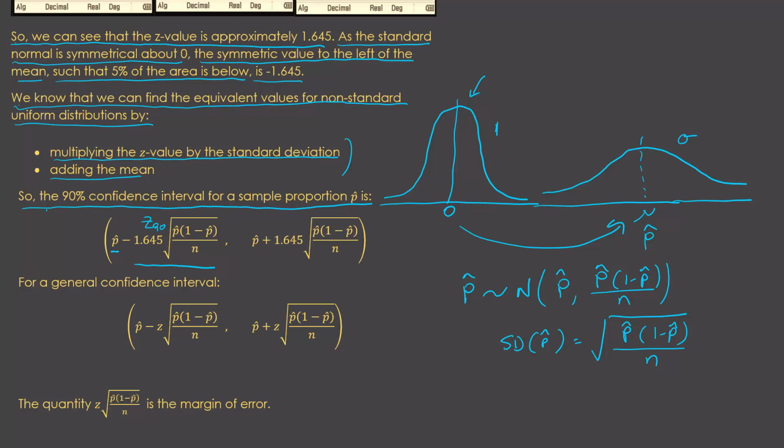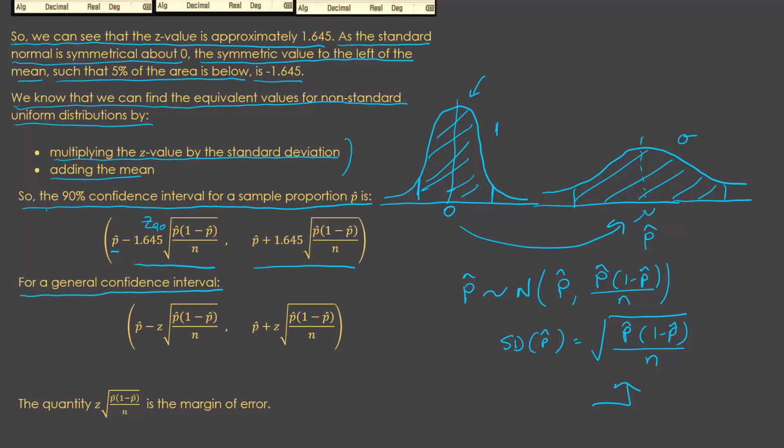And on the other end, we have p hat plus 1.645 times the standard deviation that we just talked about over here. So that is transforming it so that a 90% confidence interval here is now a 90% confidence interval over here.